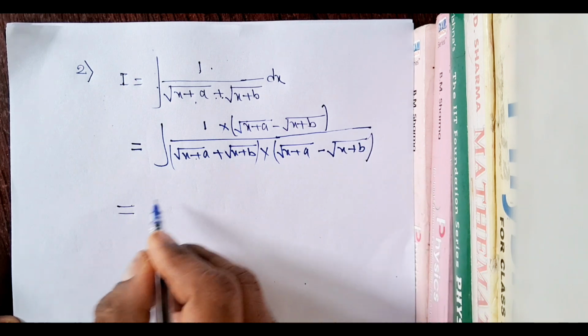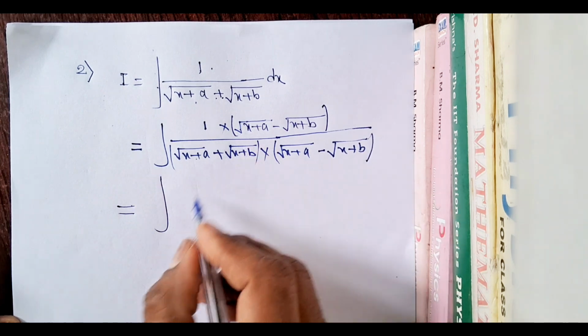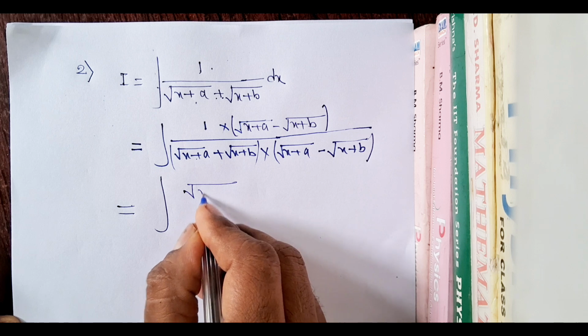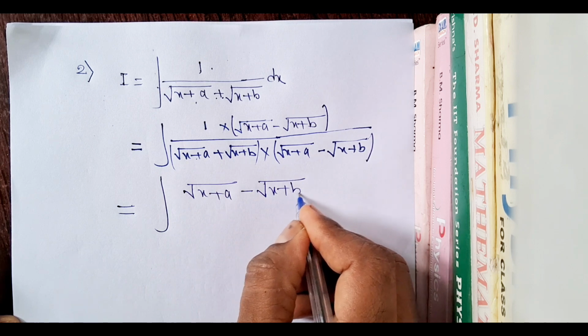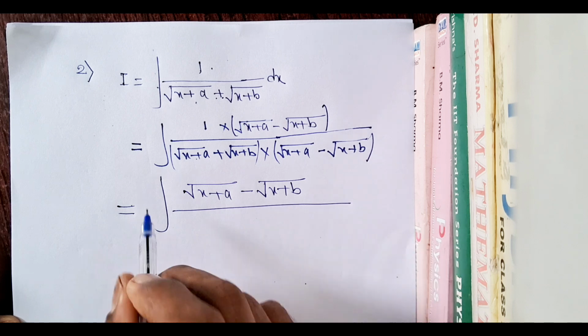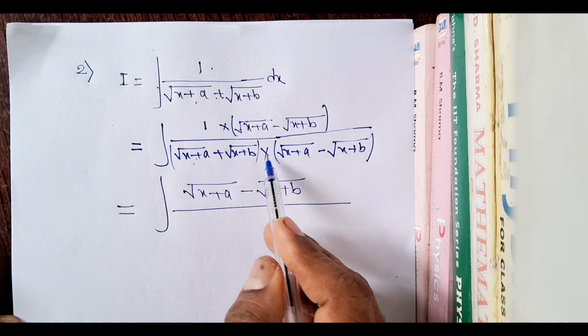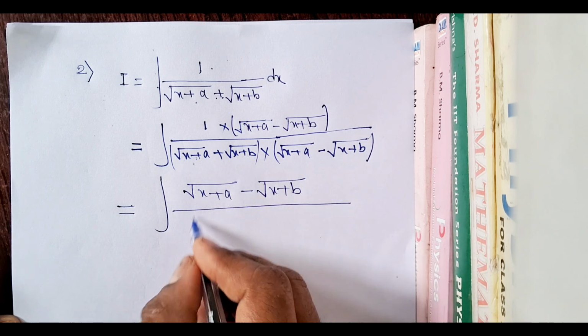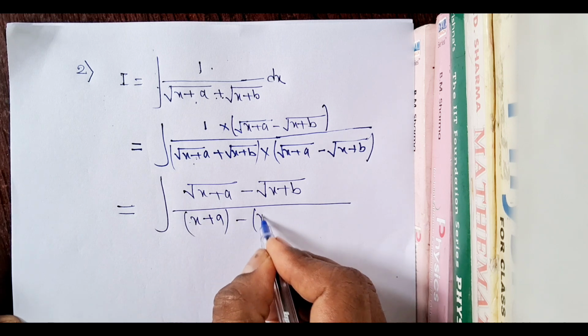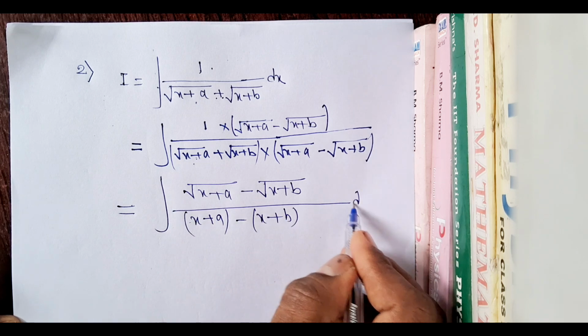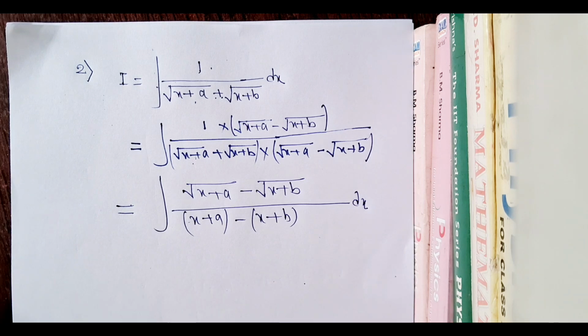Now it becomes a simple problem. Here it is root of x plus a minus root of x plus b as it is, divided by a plus b into a minus b, that is a squared minus b squared. So it will be x plus a minus x plus b, with respect to x, dx.